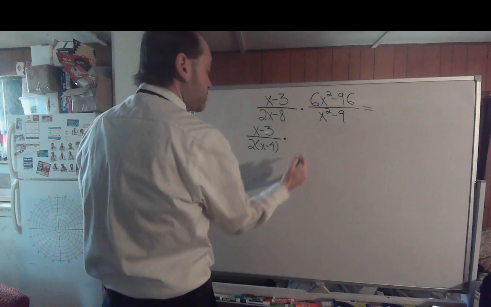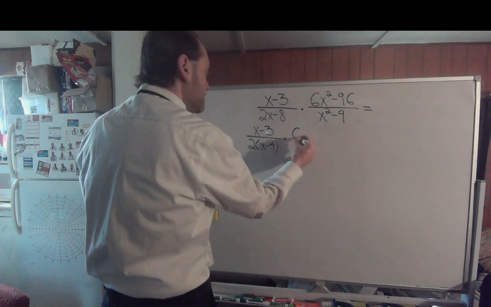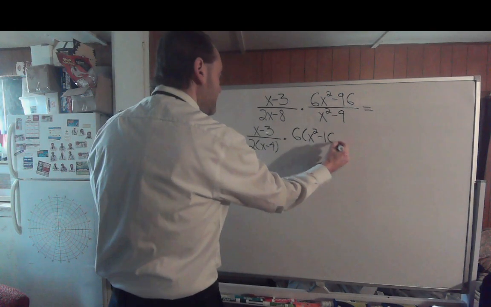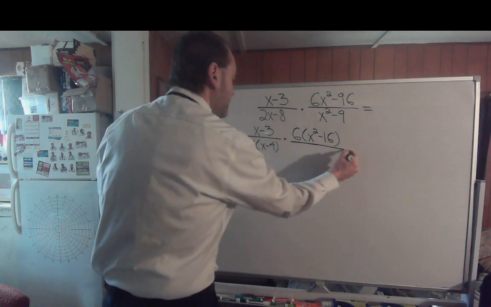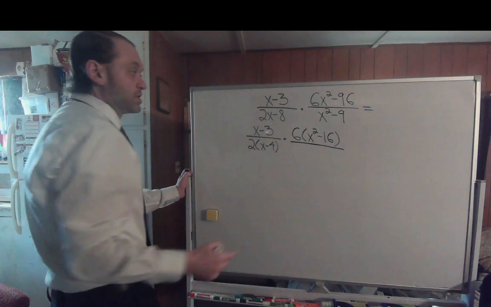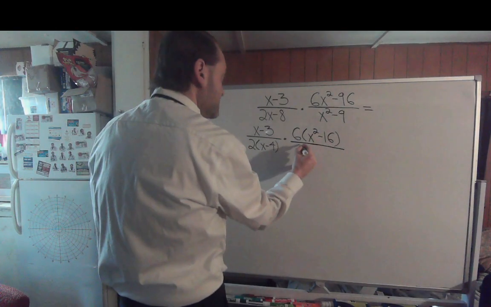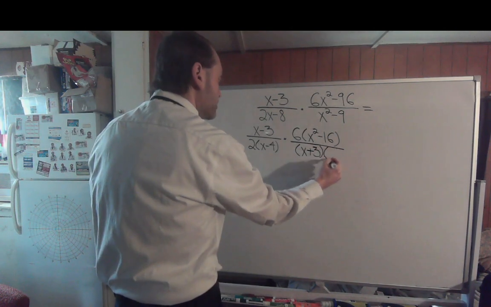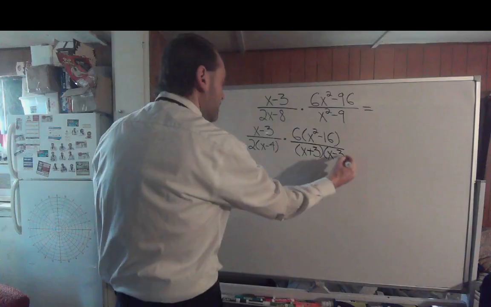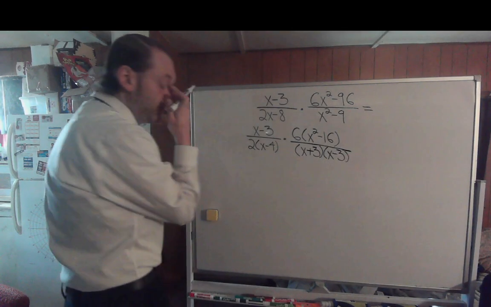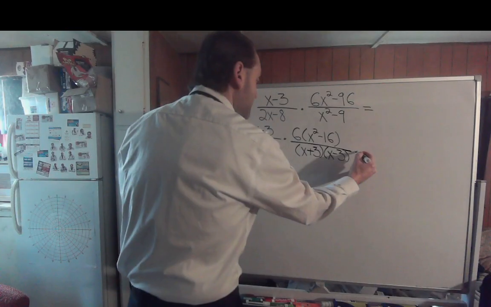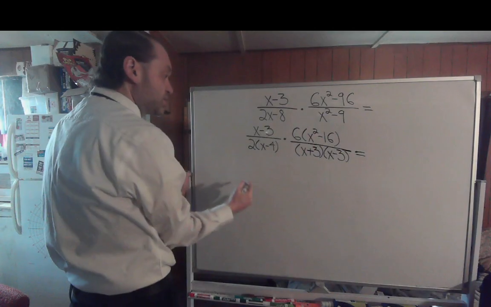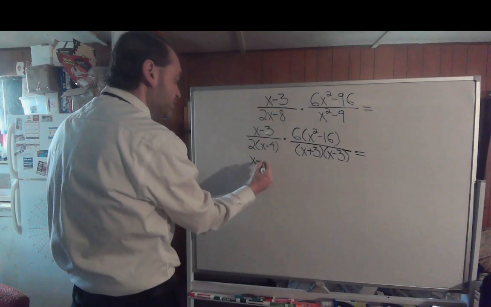Well, 6x squared minus 96, that would turn into 6 times the quantity of x squared minus 16 divided by your denominator, the x squared minus 9 would turn into x plus 3 times the quantity of x minus 3. So we've almost factored completely, except when it comes to the second term in the numerator, we can factor the x squared minus 16 a bit further.